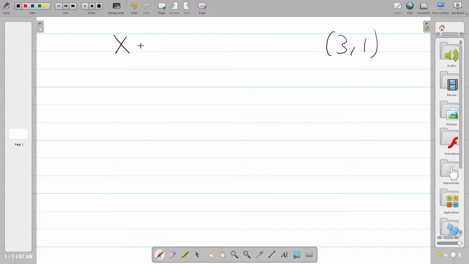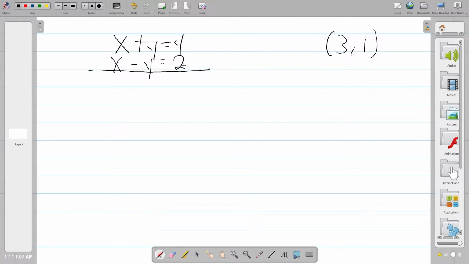We're going to say x plus y equals 4, and the other one was x minus y equals 2. Now, if we just put those there, you'll see the x's line up here, the y's line up here, and the numbers line up here.